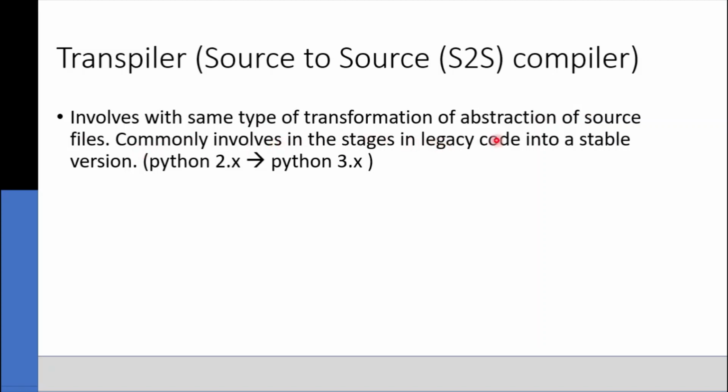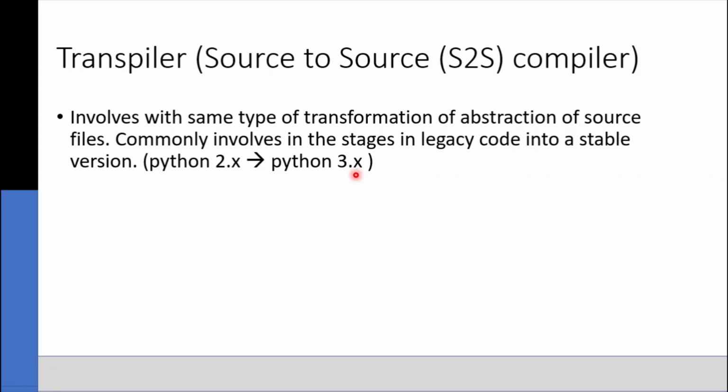It commonly converts legacy code into a stable version, so you might not understand what's in there. Let me explain it. Initially there were Python 2.0, 2.1, 2.2, likewise several 2 versions. And all of a sudden, there was a huge modification for Python 3.1, 3.2, 3.3, such kind of thing. So this modification was done.